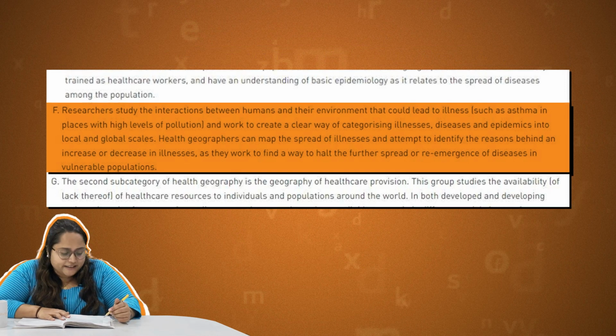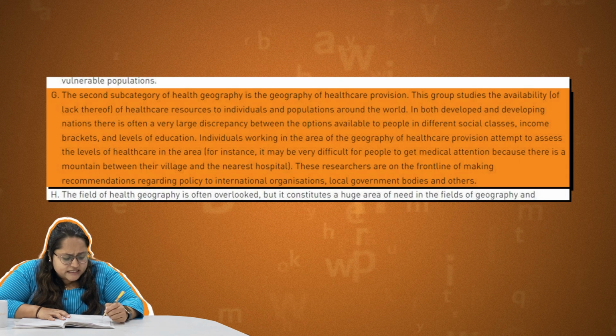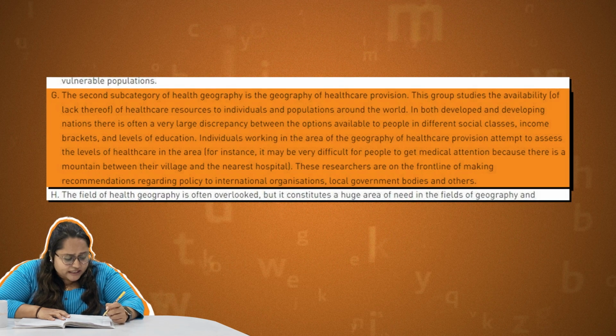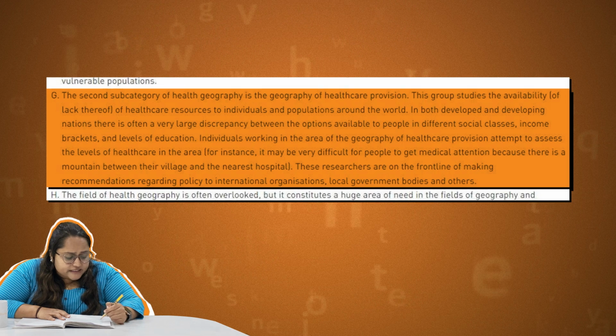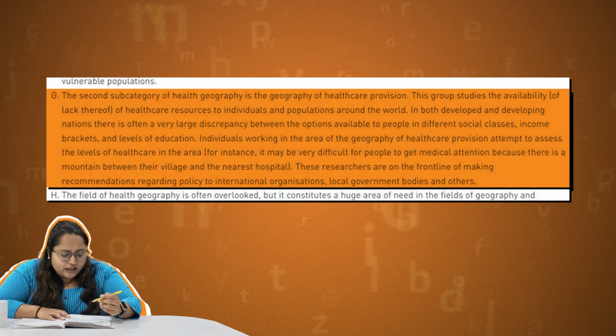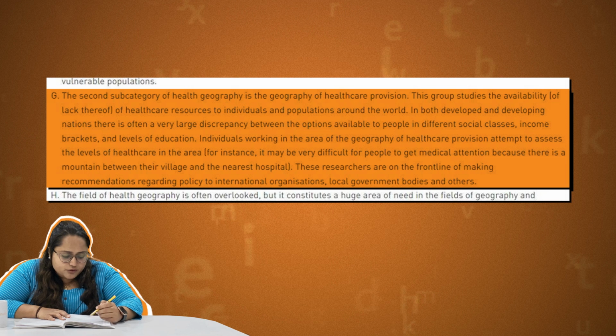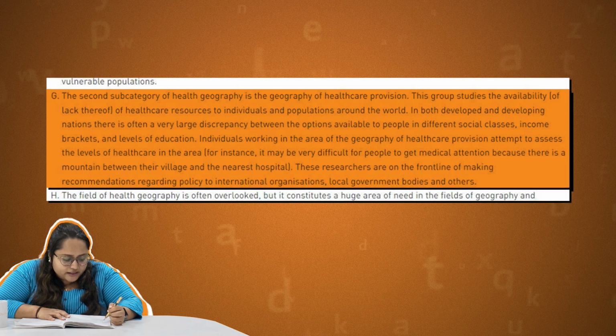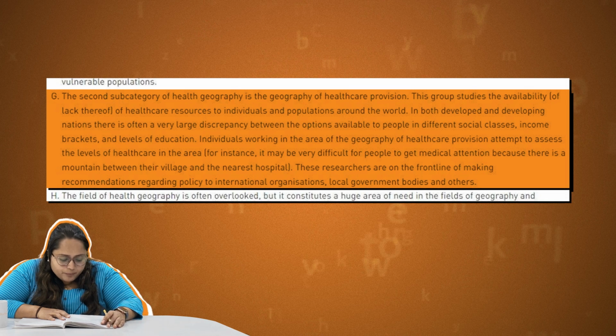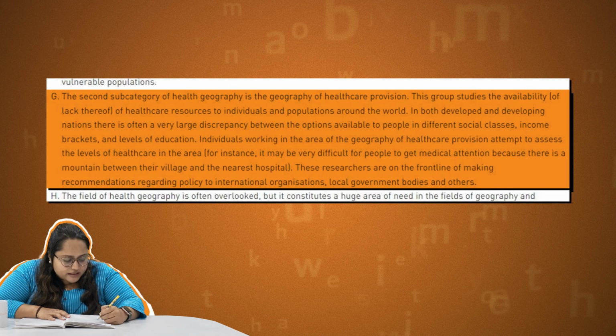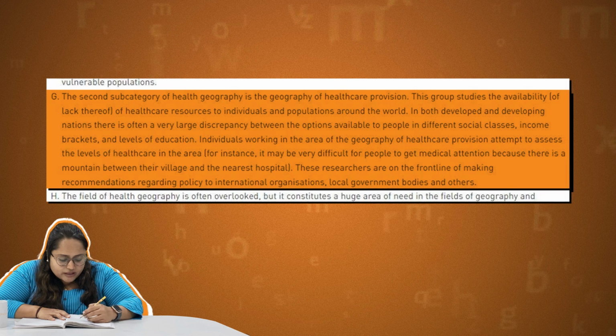Let's see where it has been hidden. The second subcategory, let's get to paragraph G, guys. The second subcategory of health geography is the geography of healthcare provision. This group studies the availability of healthcare resources to individuals and populations around the world.